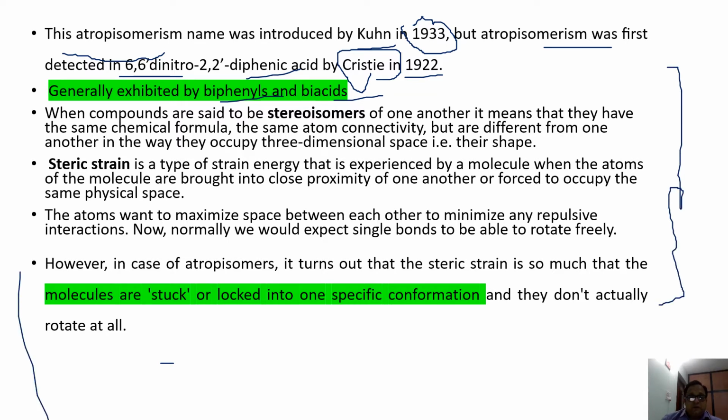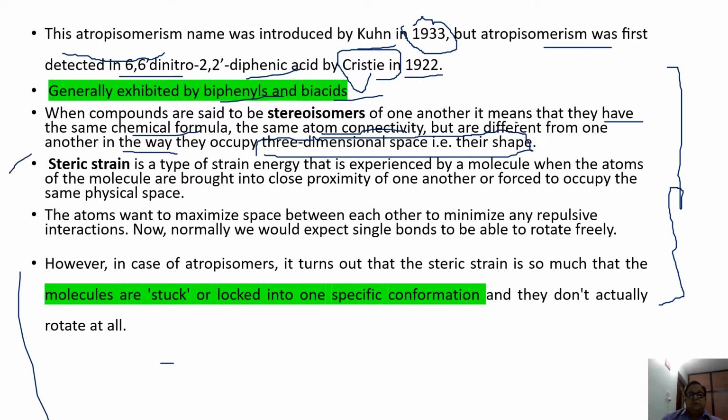Let's have a discussion. When compounds are said to be stereoisomers of one another, it means they have the same chemical formula and the same atom connectivity, but are different from one another in the way they occupy three-dimensional space.